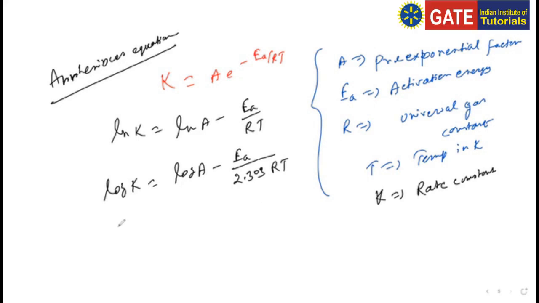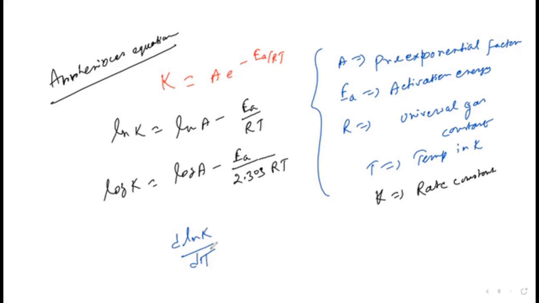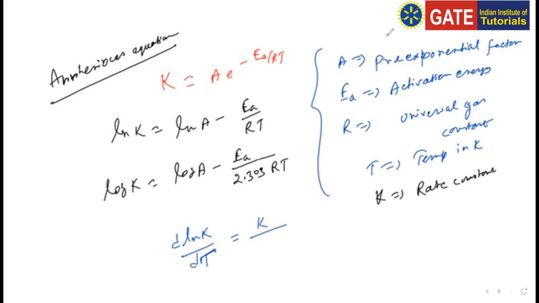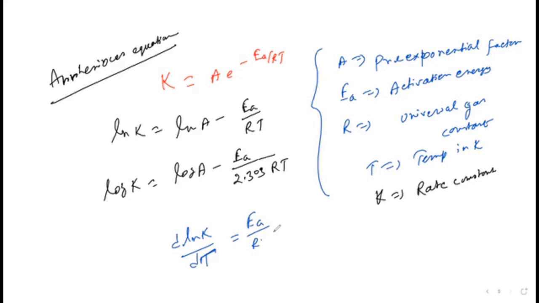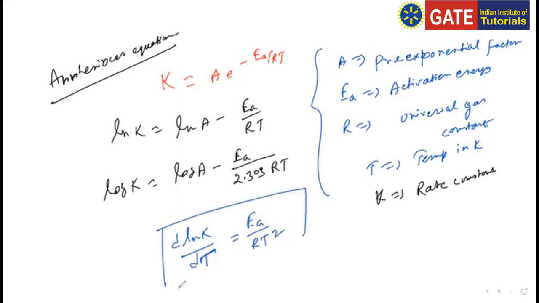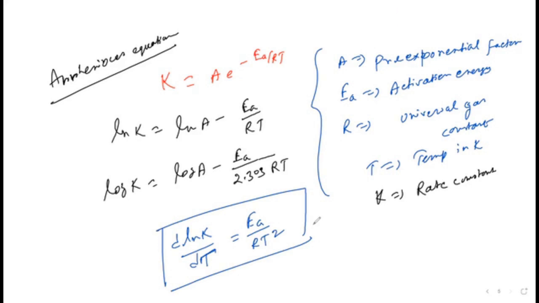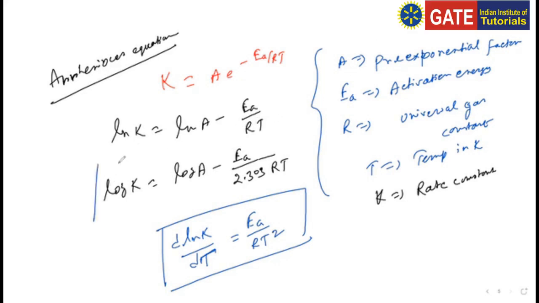Let me plot this, then I'll write it. d ln K by dT is equal to Ea by RT squared. The formula can be written like this. Use this formula, otherwise use this, whatever they want. These are all our formulas.